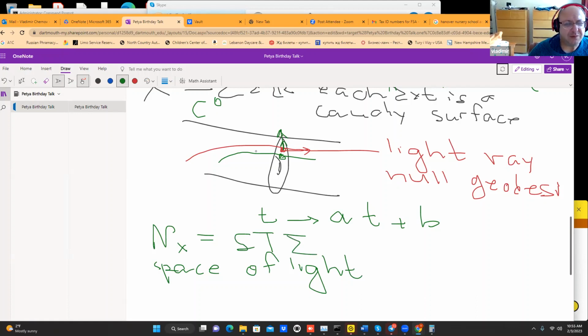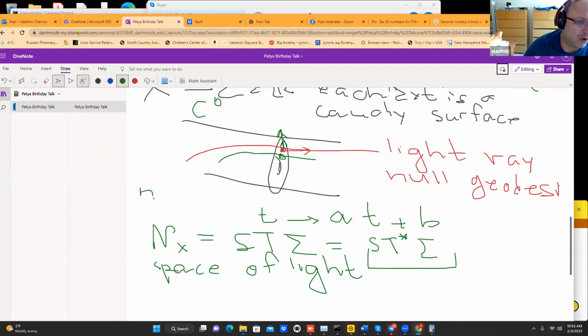But Bernal and Sanchez proved that you can assume that the Cauchy surface has a Riemannian metric on it. So the spherical tangent bundle is the same as the spherical cotangent bundle, because the tangent bundle is the same as the cotangent bundle. And the space of light rays is the spherical cotangent bundle of a Cauchy surface.